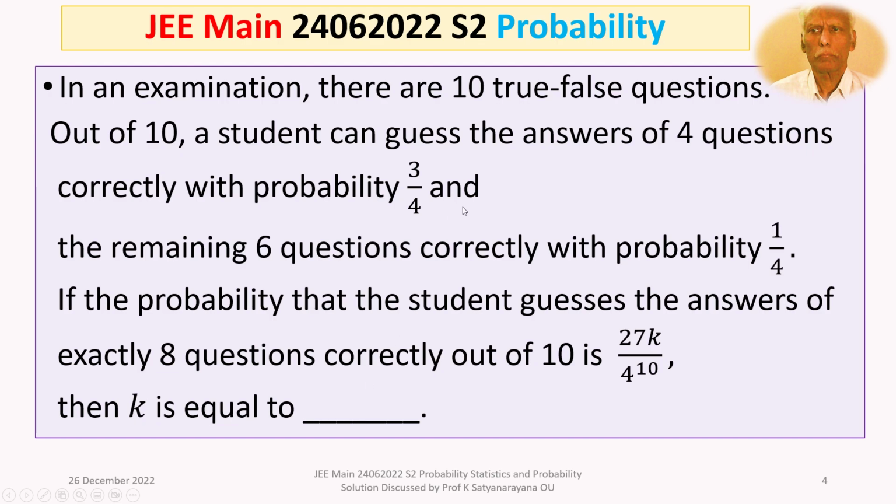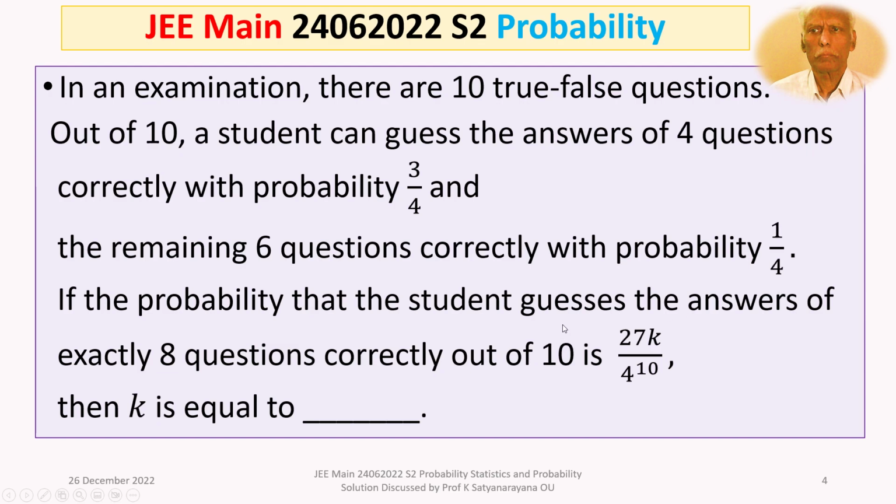So there is an examination consisting of 10 true or false questions. Out of these 10 questions, a student can guess the answers of 4 questions correctly with a probability 3/4, and he can guess the answers of the remaining 6 questions correctly with the probability 1/4.